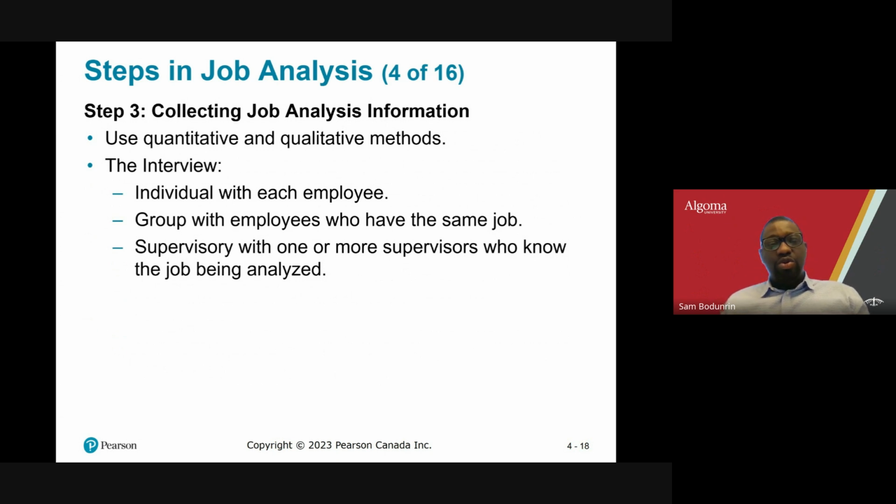Say you want to know more about truck driving and their experiences. You need to talk to a truck driver, an individual who is doing the job at that present moment. You can also ask a group of truck drivers, a group of employees that are doing the same kind of job, or you can go one step higher and ask their supervisors. They can also tell you things about the job.